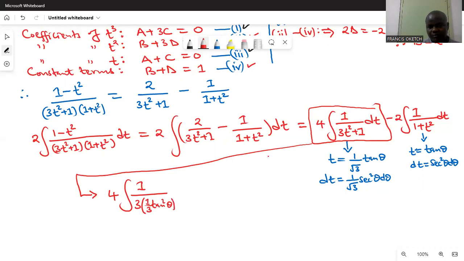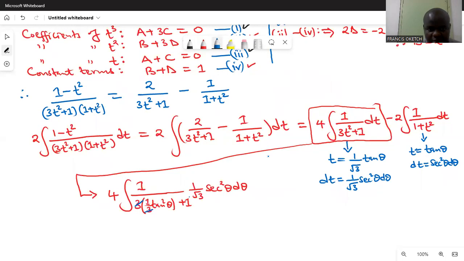Then I can see plus 1. Then there was dt, which is 1 over root 3 sec squared theta d theta. So you see here 3 will cancel with the 3. So it's like we have tan squared theta plus 1, which is the same as sec squared theta.